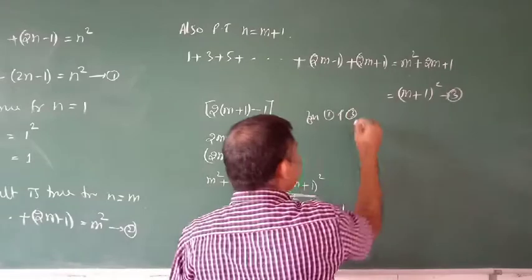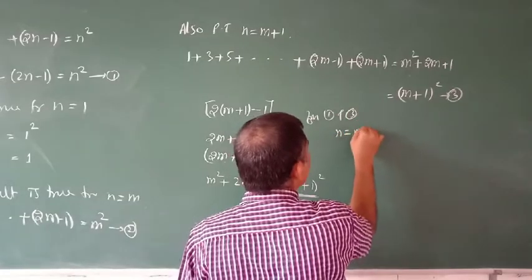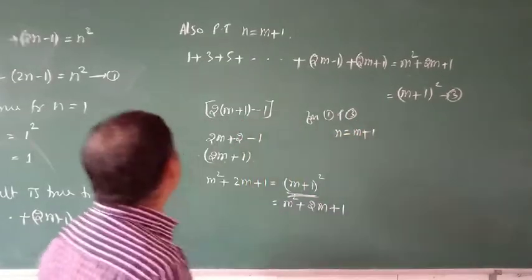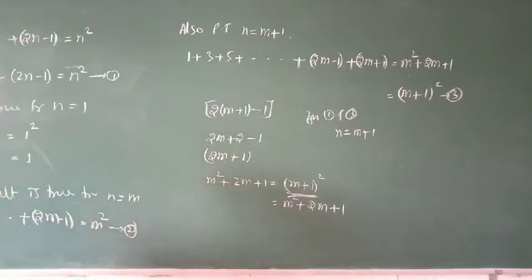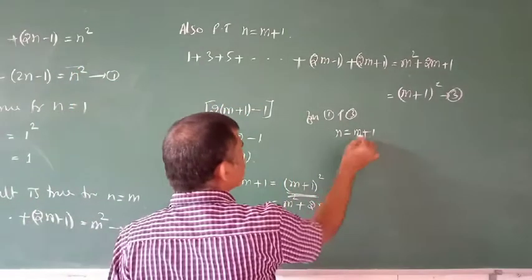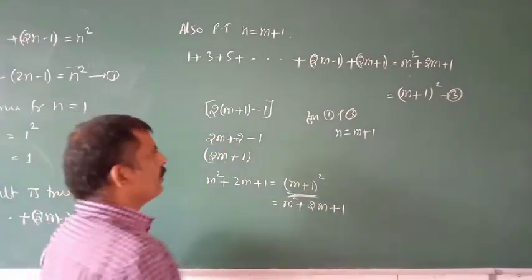So from equations 1 and 3, n is equal to m plus 1 gives n square, so m plus 1 whole square. Therefore, n is equal to m plus 1 is proved.